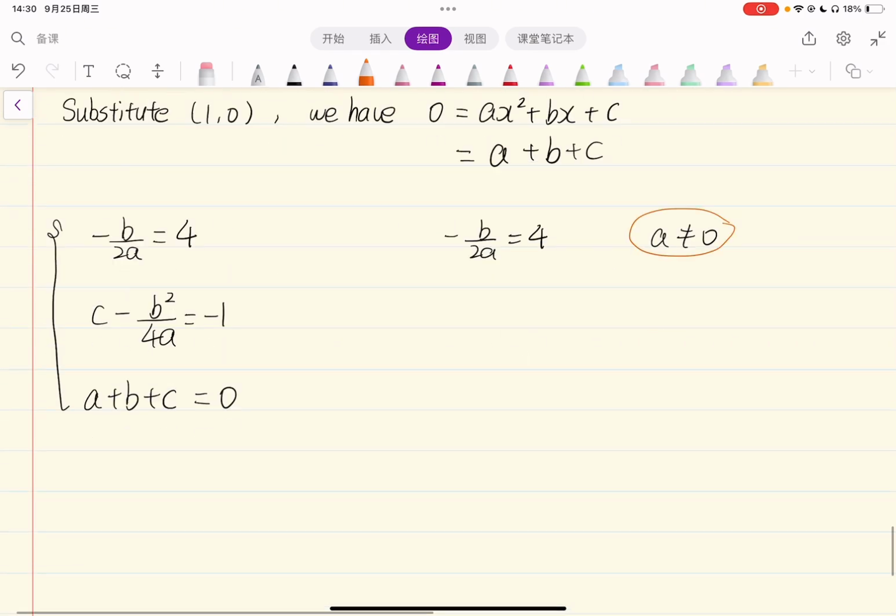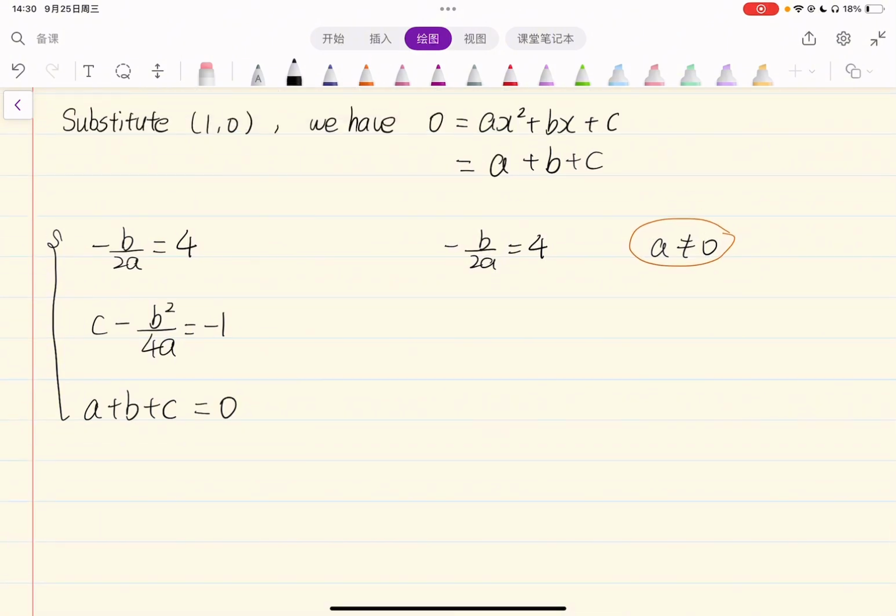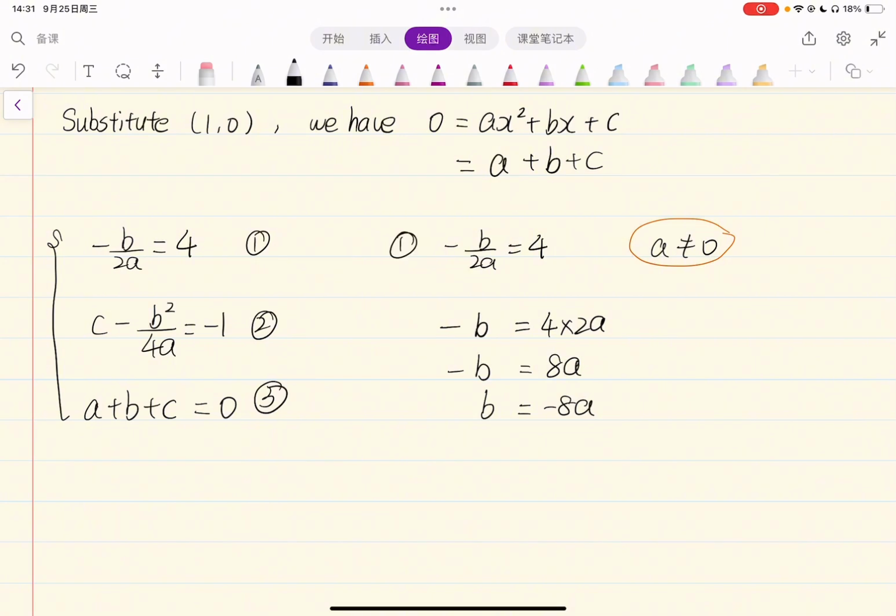So what we can do is multiply 2a on both sides. We have minus b equals 4 times 2a. That is minus b equals 8a. So b equals minus 8a. That is what the first equation told us.